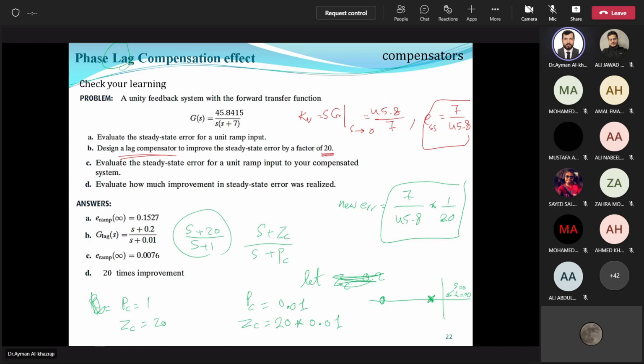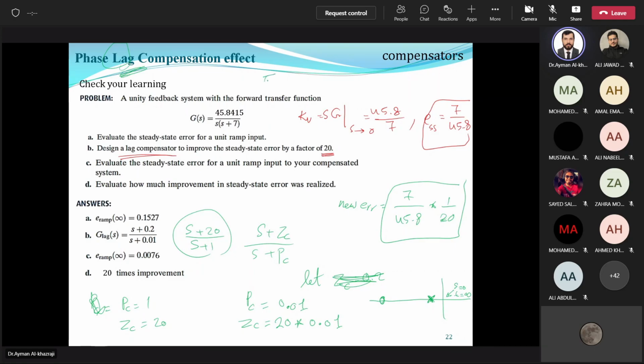Who wanted to ask? Ask, even if you didn't study, ask, there is no issue. Fine. So, if there is a question, I will ask you to design a lag compensator to improve the error.